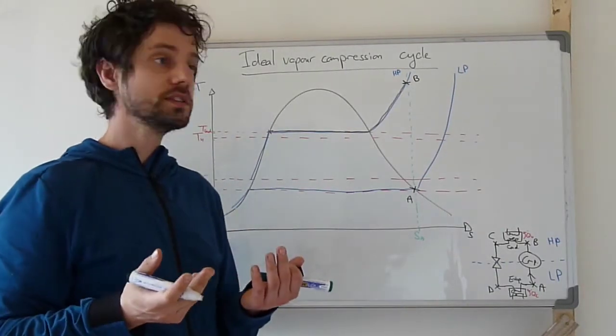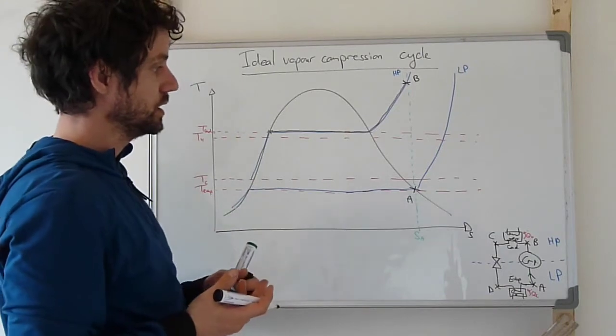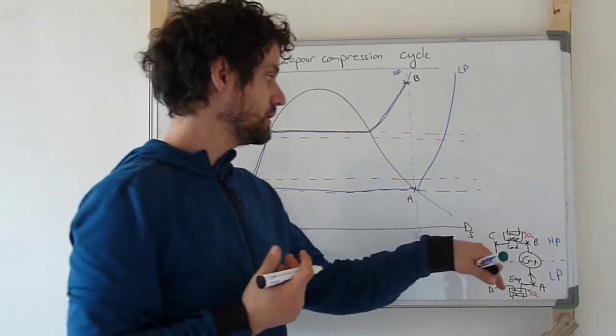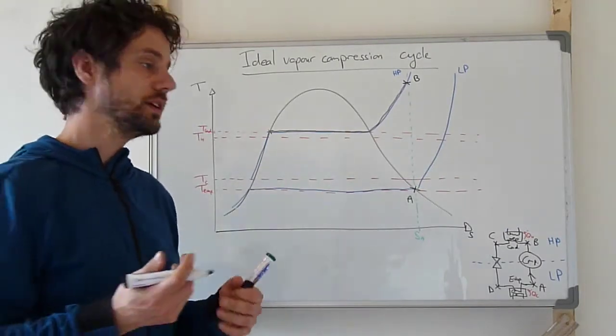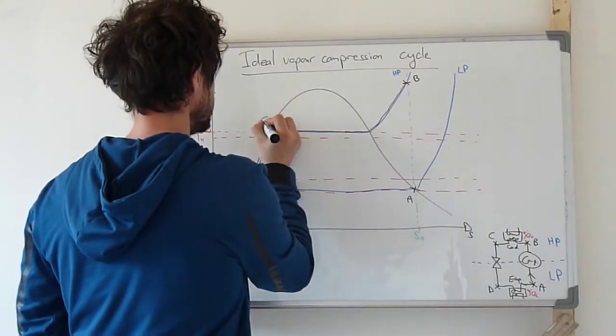So at first approximation, it is usually considered that C, at the outlet of the condenser, is a saturated liquid.